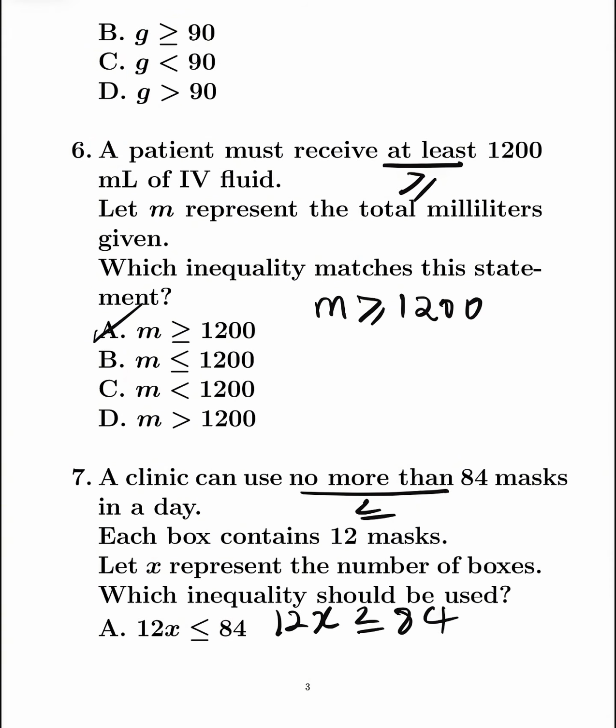The answer would be A, because each box contains 12 masks. If you want to know the number of boxes that represent 84 masks, it will be 12 times X equals 84, meaning we divide 84 by 12 to find the number of boxes.